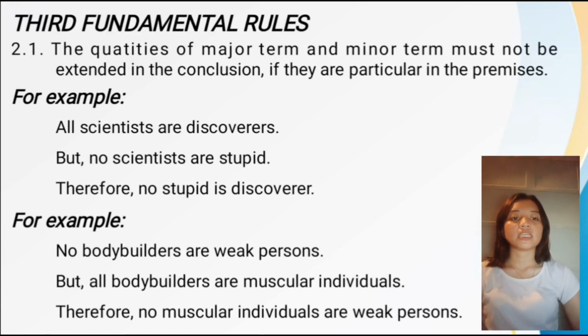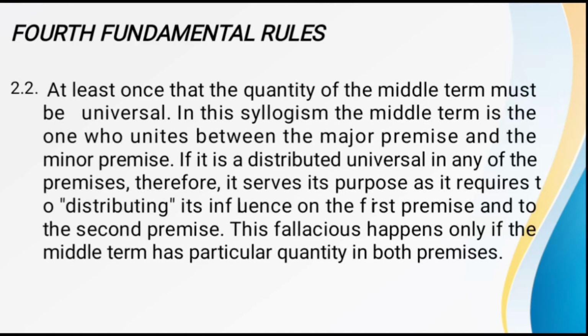So, to correct this fallacy, the conclusion should be based on the information provided in the premises without making the subject term universal when it was particular in one of the premises. This will ensure that the reasoning follows the rules of logic and avoids the fallacy of illicit process of the minor term. Let's proceed to the fourth fundamental rule.